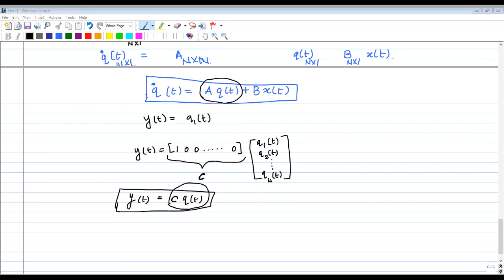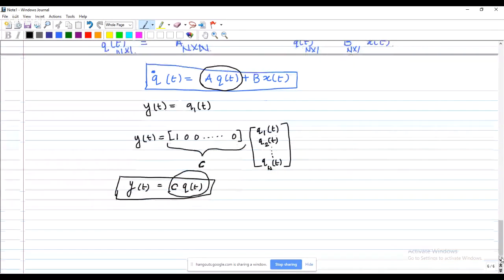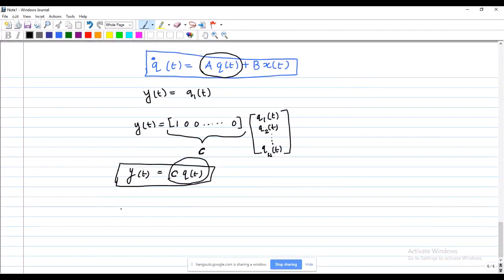Okay, let's move ahead. Now in these terms, I will write this also, so we will finally get two equations. The first equation is q dot of t is equal to A q of t plus B x of t, and y of t is equal to C q of t plus, I just write one extension, D x of t.